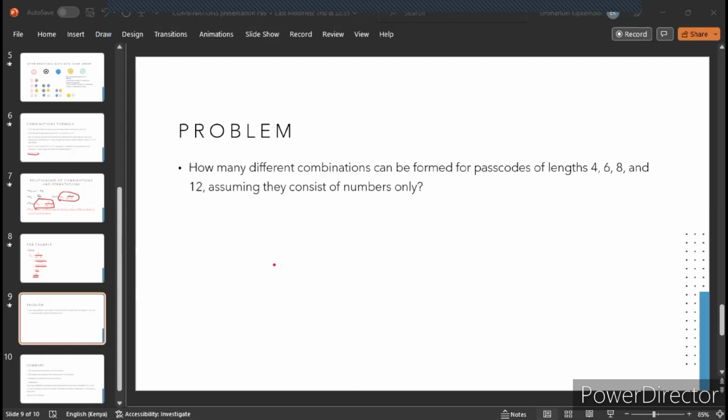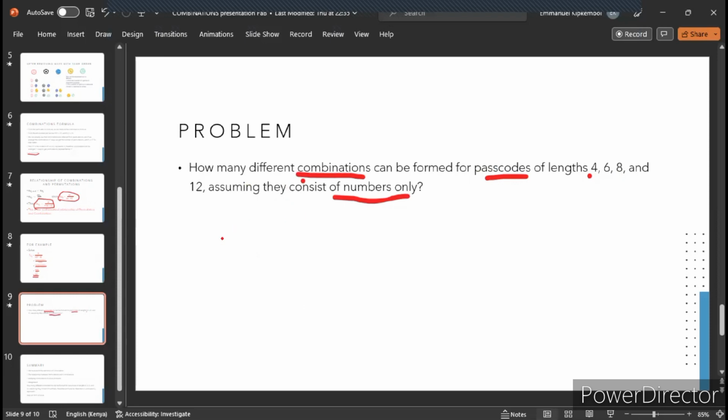So with me, I want to give you the solution. We are trying to make different combinations for passcodes of lengths 4, 6, 8, and 12, assuming they consist of numbers only.